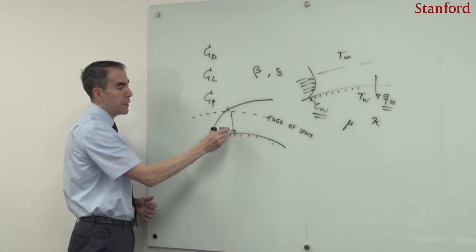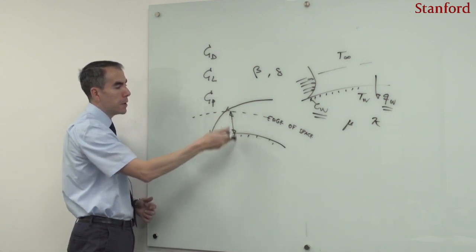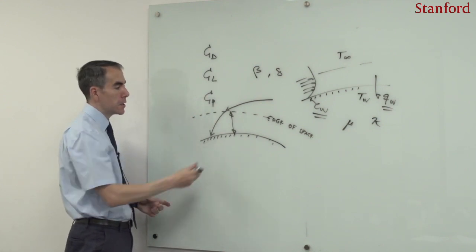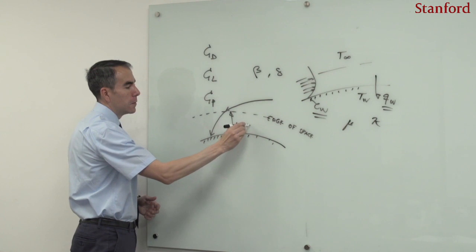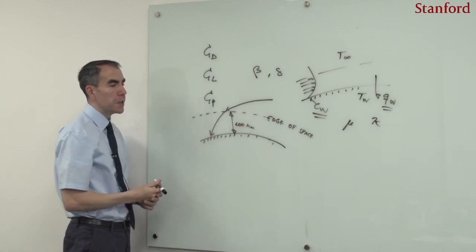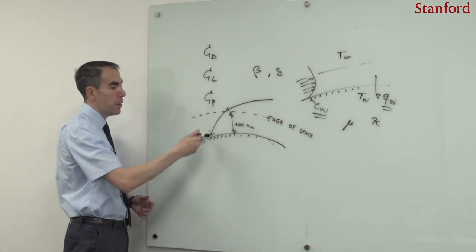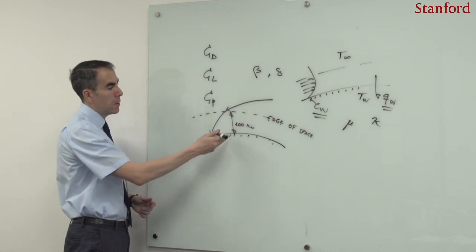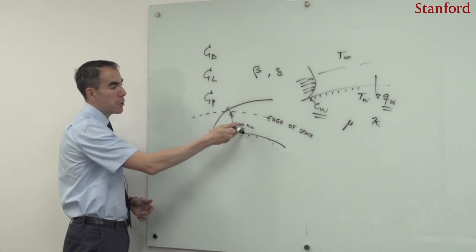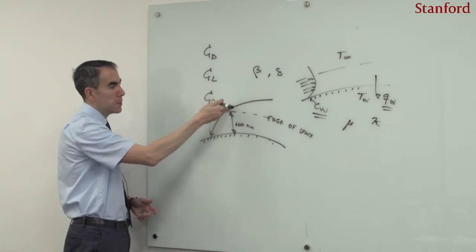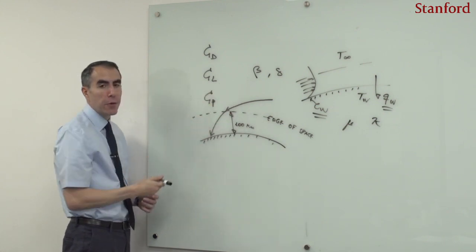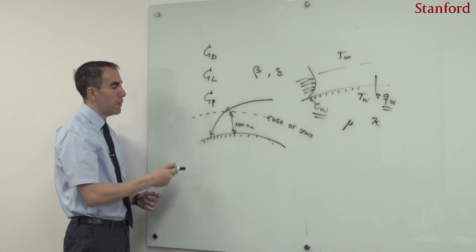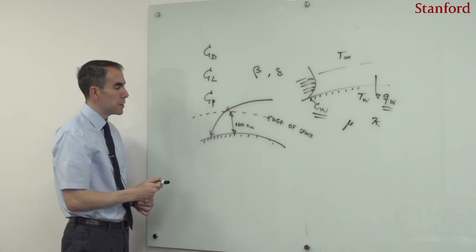This atmospheric layer has a thickness of approximately 100 kilometers. That is the distance that is relevant for aerodynamics. The atmosphere actually goes beyond this altitude, but it is such a low density gas that it is irrelevant for the forces and for the heat fluxes that one has to calculate.